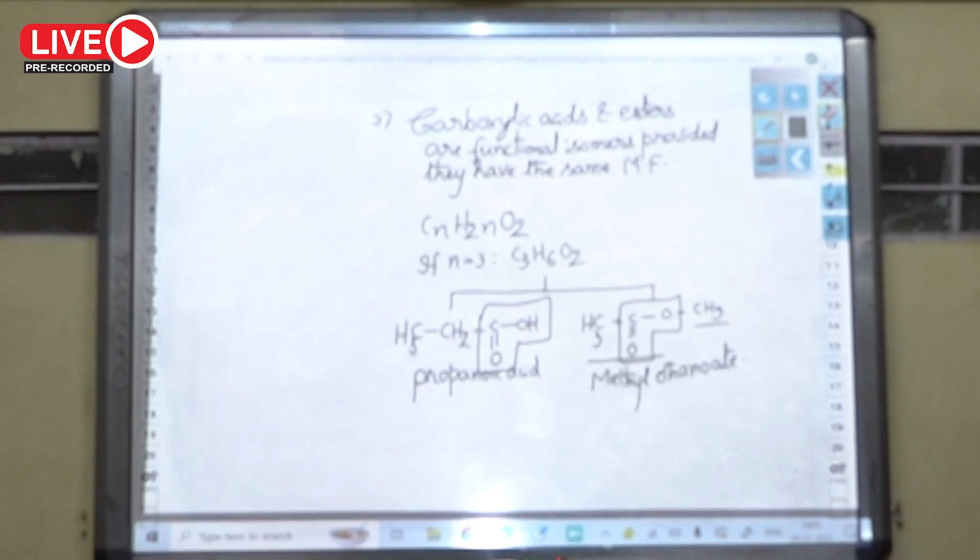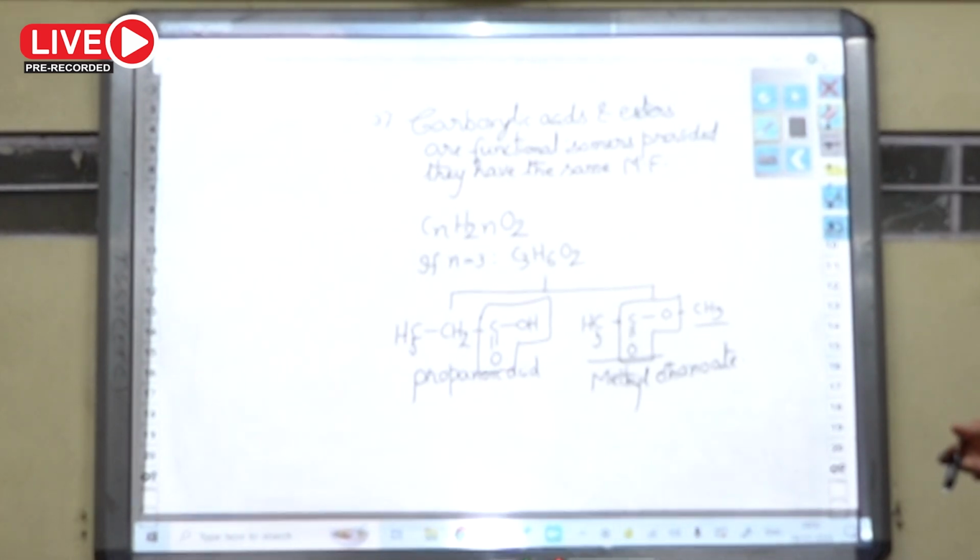COOH shows the most common property. It will give quick effervescence with sodium bicarbonate. If we add some sodium bicarbonate, the COOH group will give carbon dioxide with full of bubbles, but an ester won't. And carboxylic acids have different smell. Esters have pleasant fruity odors.